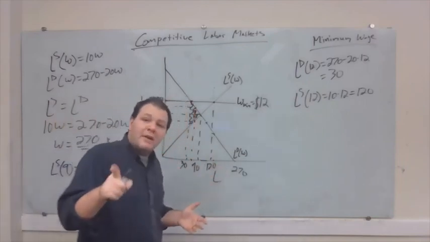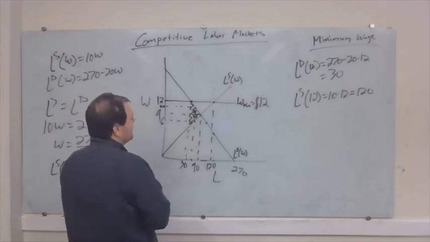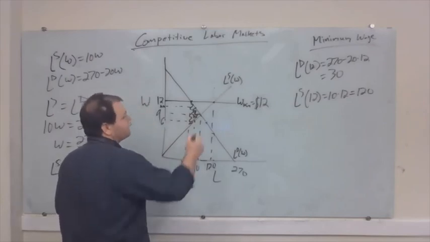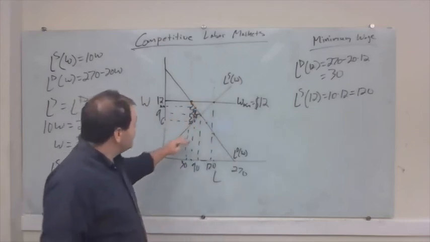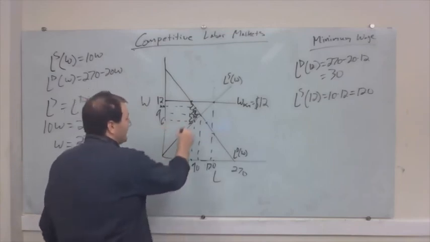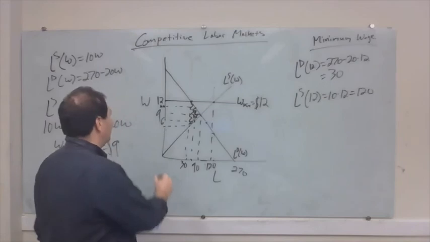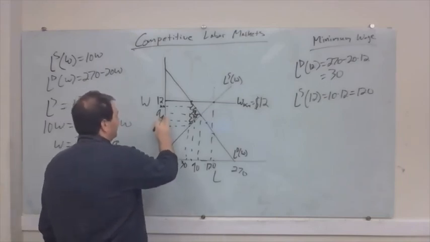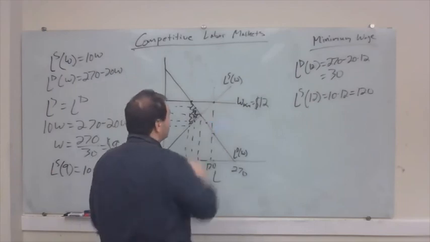Another important point here, though, is that if we draw this triangle of deadweight loss, what we have to assume is that the people who remain employed are going to be the people who have the highest value of employment, right? Whose leisure hours have the lowest value to them, right? Down to $3 an hour. But we actually have all of these extra people who are willing to work.